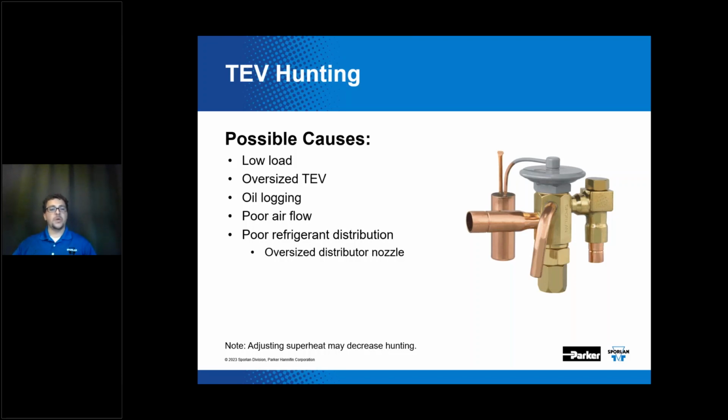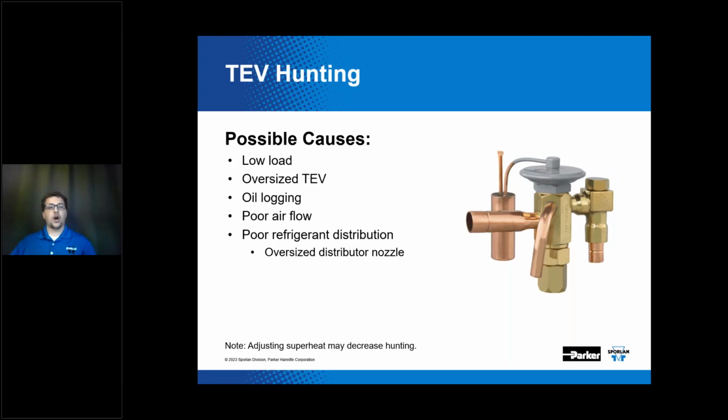Potential causes would be low load, having an oversized TEV, air logging, poor airflow, or poor refrigerant distribution. We'll touch on that distributor on the next couple slides, but having an oversized distributor nozzle will definitely cause TEV hunting, or it certainly can, I should say.